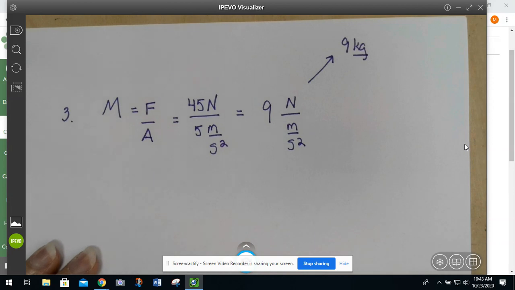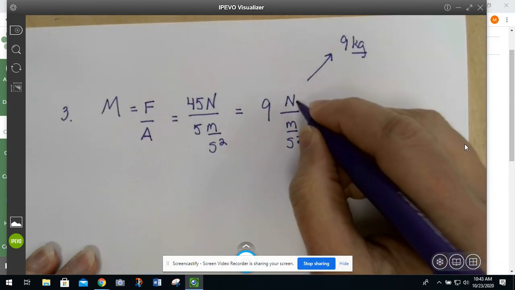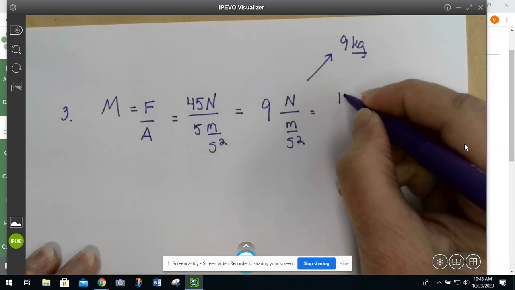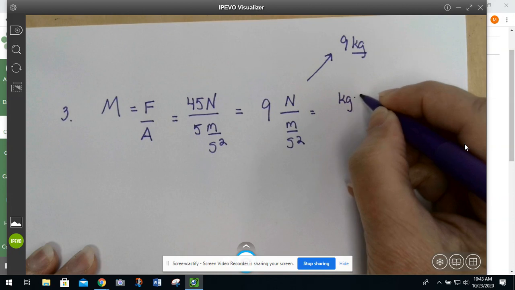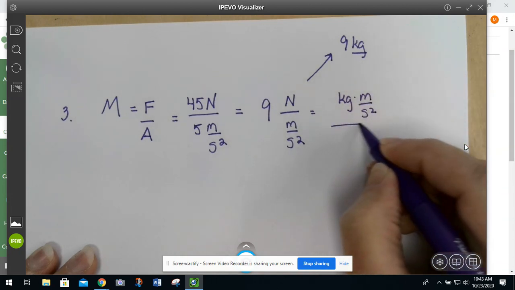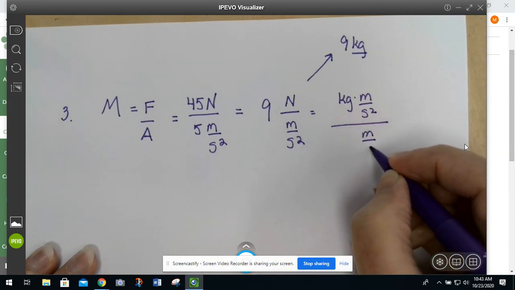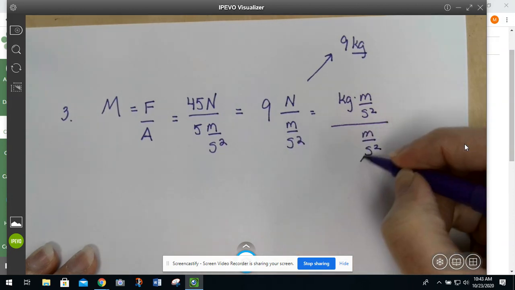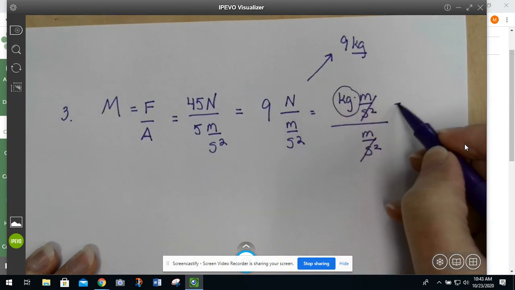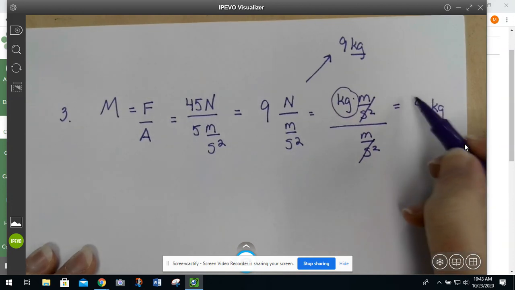But these problems will get harder at Dobyns-Bennett, so I'm going to go ahead and remember that a newton is equal to a kilogram meter per second squared. I'm going to divide it by this meter per second squared. That cancels out. And the only thing I'm left with is my kilograms. So the final answer is 9 kilograms, okay?